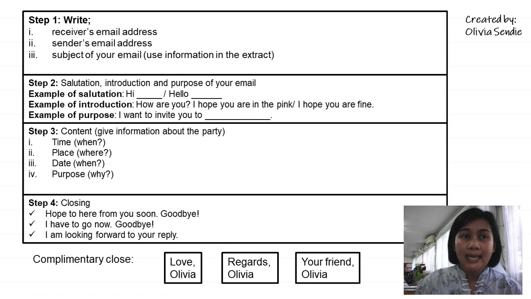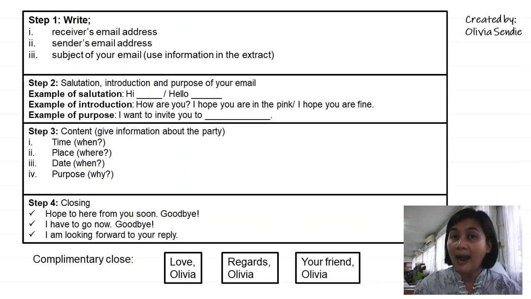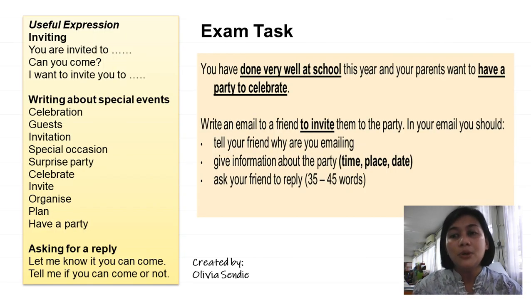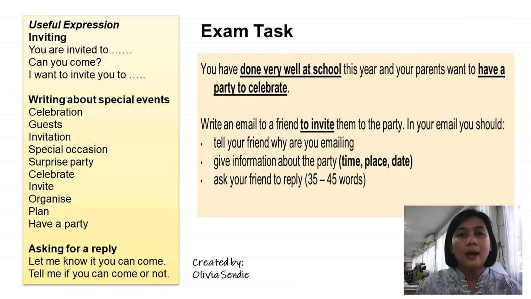So, in your purpose for step 2, I want to invite you to my celebration party. See? You can change the word, but use it to help you to write the email. Always go back to this when you are doing the exam task.